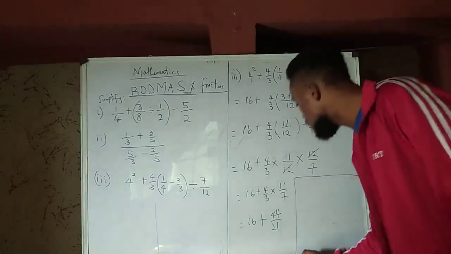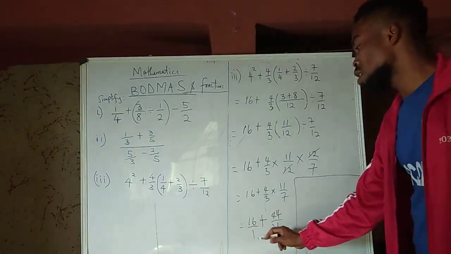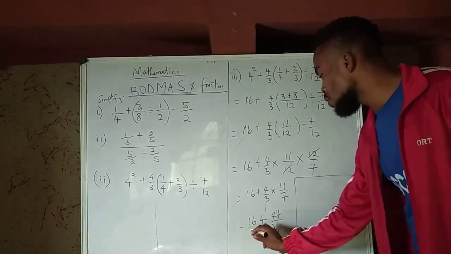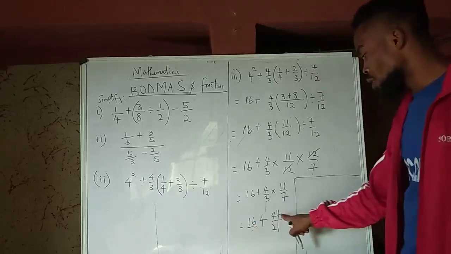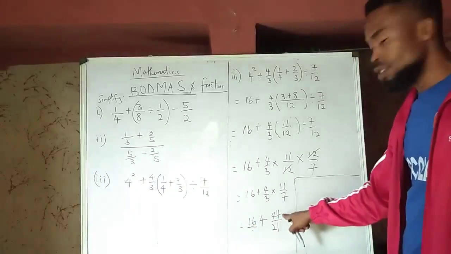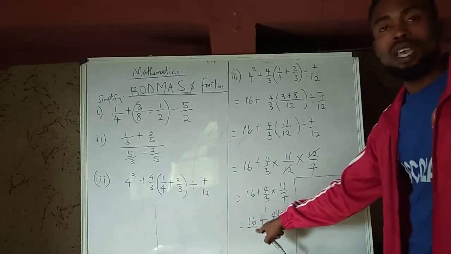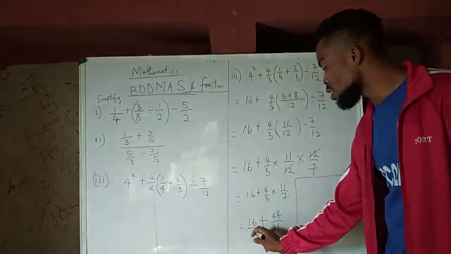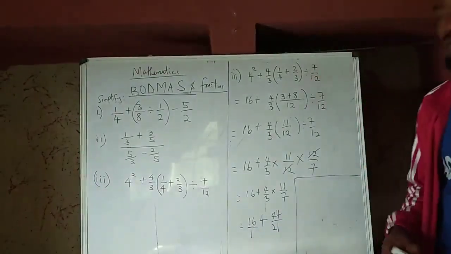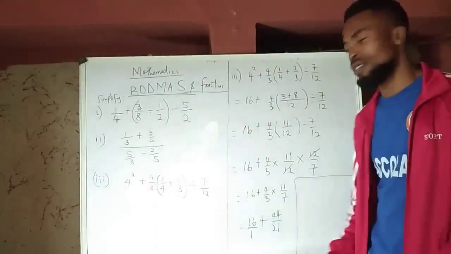Now with that said, we also have to reduce this fraction. We treat this as 16 over 1 because 16 does not have a denominator, but 44 over 21 has a numerator and denominator. So we give a denominator to 16. The denominator will be 1 because it will not change the value of 16. 16 divided by 1 will still be 16.